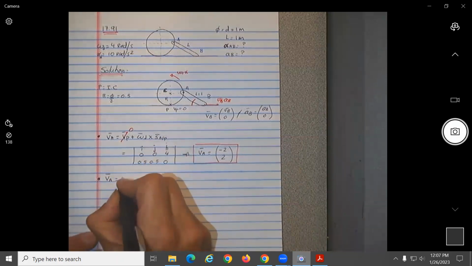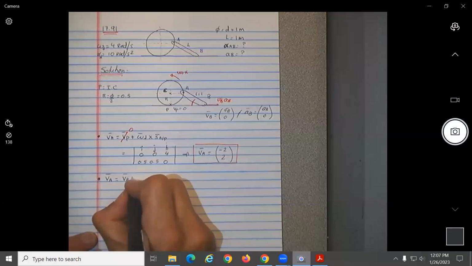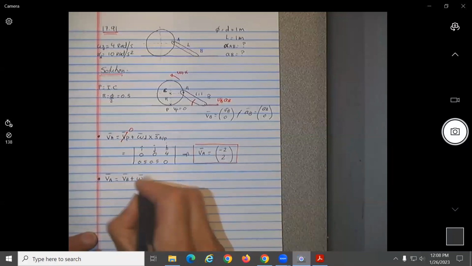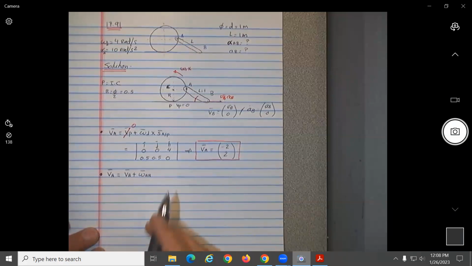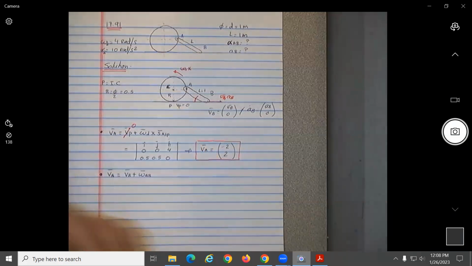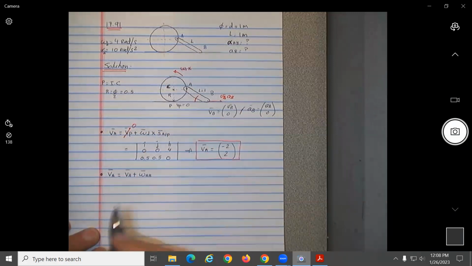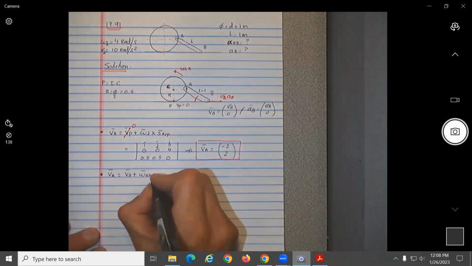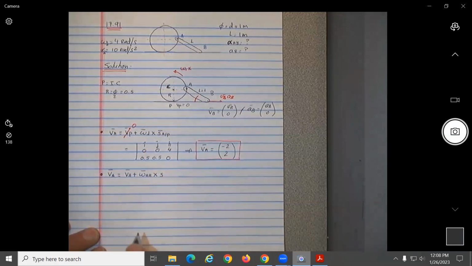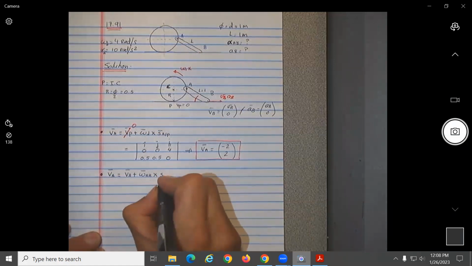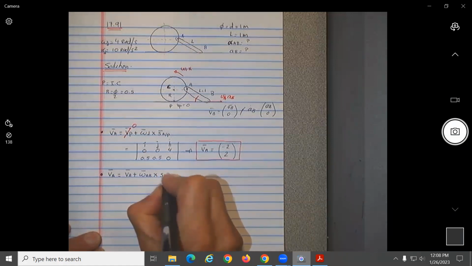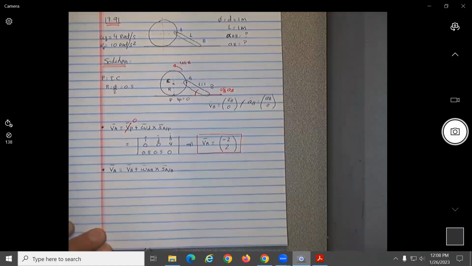So this would be VB plus omega of the bar AB, call it whatever you want, but of the bar AB, cross the position of A with respect to B.